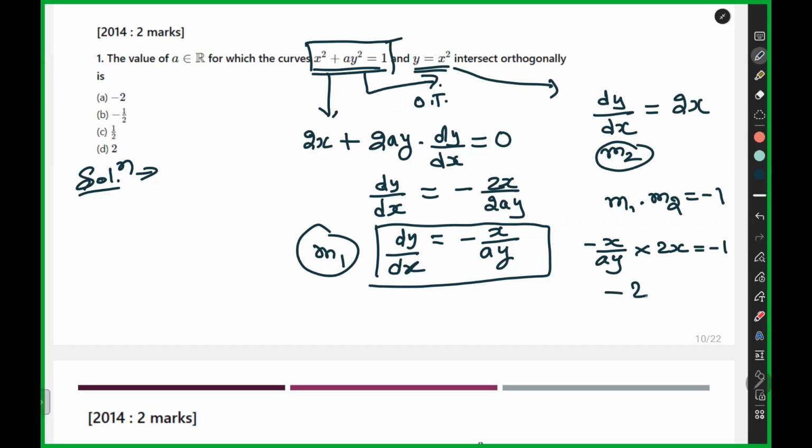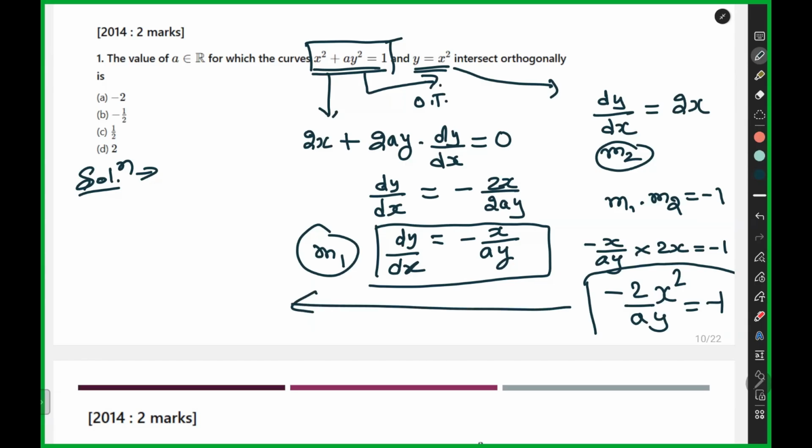This is nothing but minus 2 x square upon ay equals to minus 1. So simply what we get here, it is ay equals to 2x square, and we have y equals to x square.